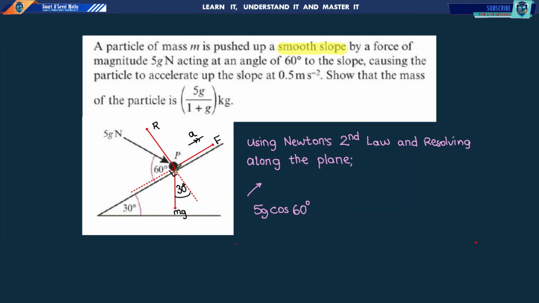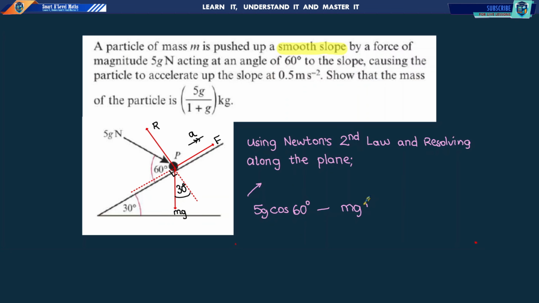This body is moving upward, so for it to move successfully, it must overcome the weight here, and say minus mg. So we're going to resolve this also along the horizontal. As I mentioned earlier on, we can have this remaining angle 60 and use cosine. For now, I'm using the angle indicated here, that is 30, and we'll use sine, since sine and cosine of 60 and 30 are complementary.